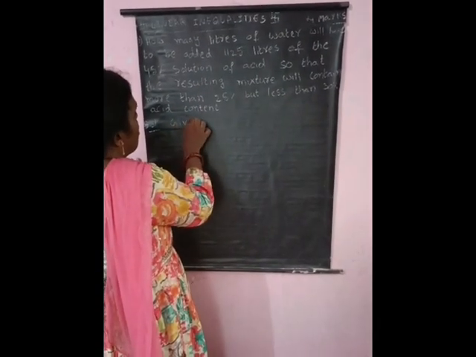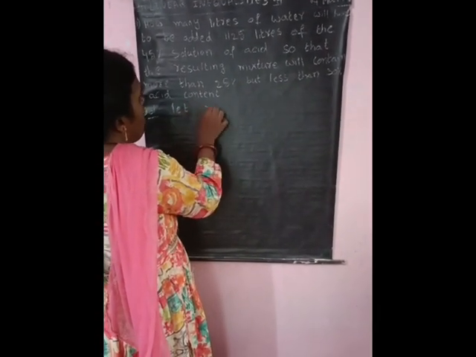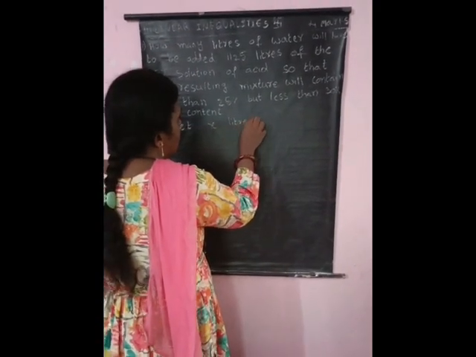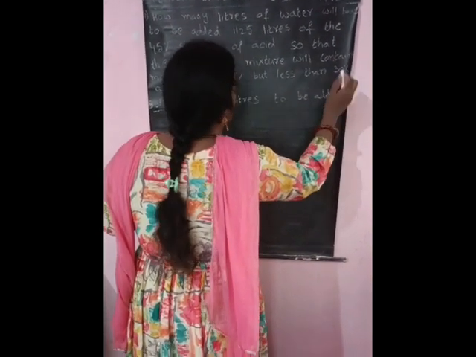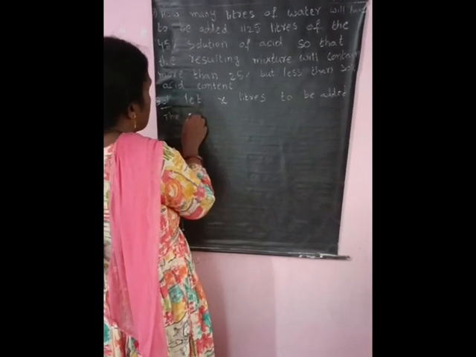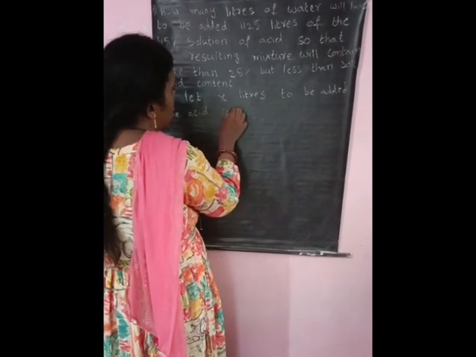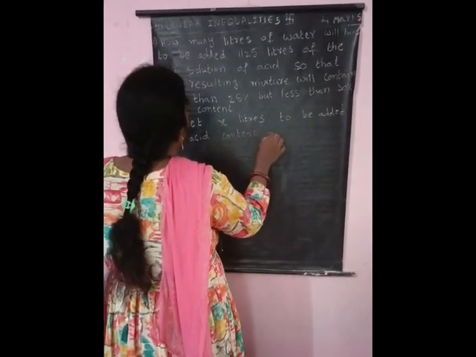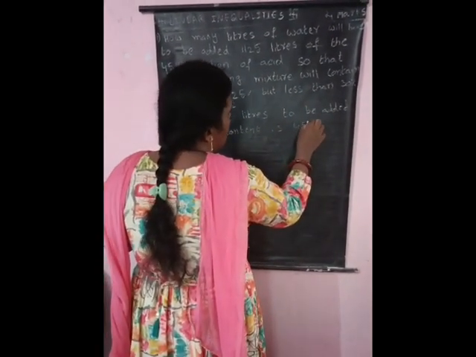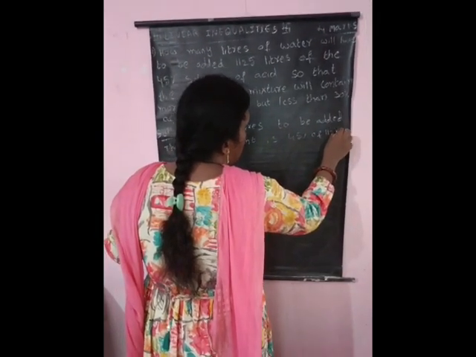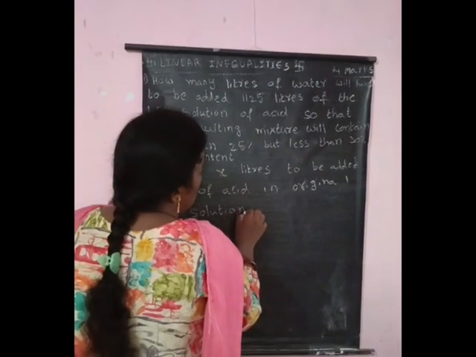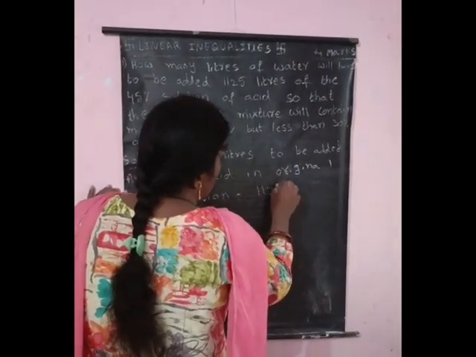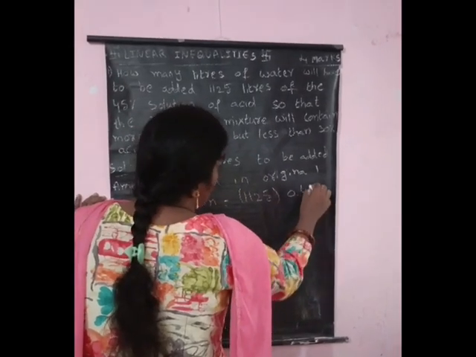Given. Let X liters be added. The acid content is 45% of 1125 liters, equal to 1125 into 0.45.